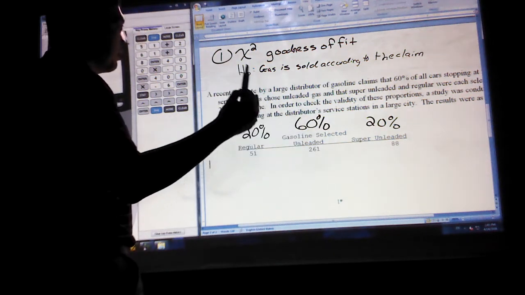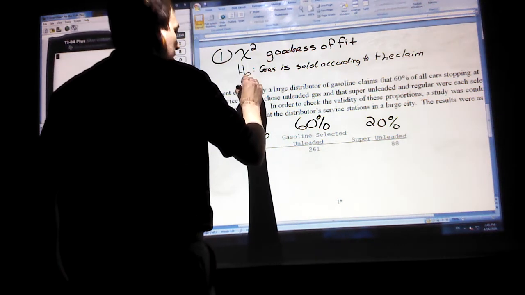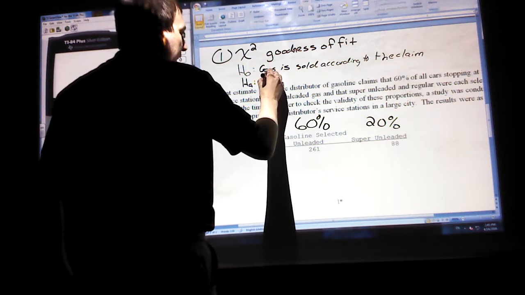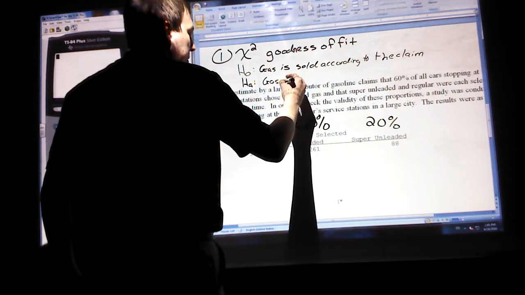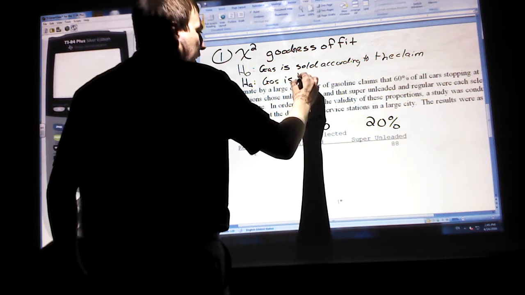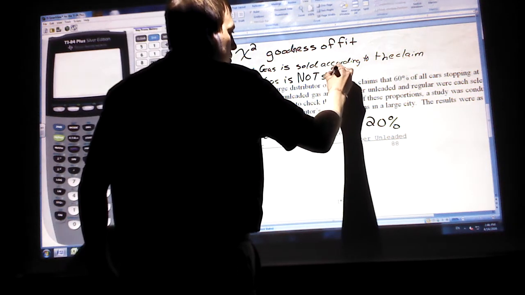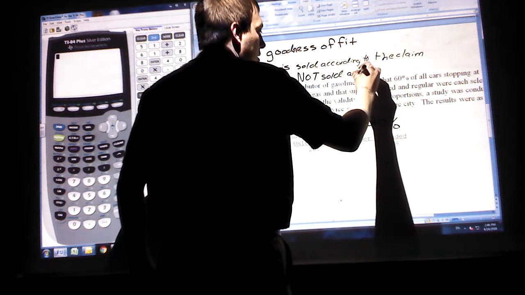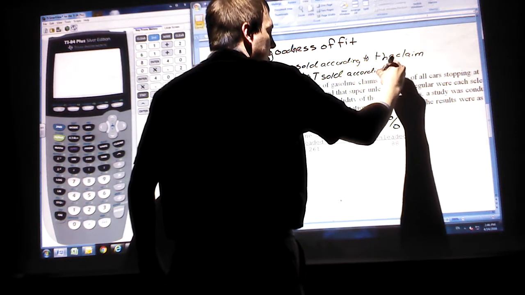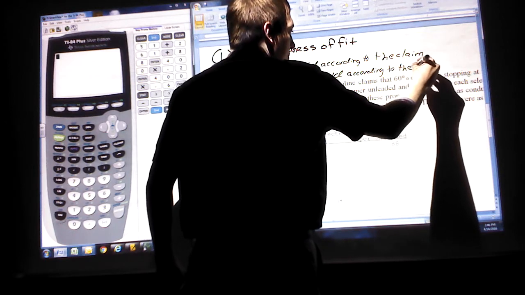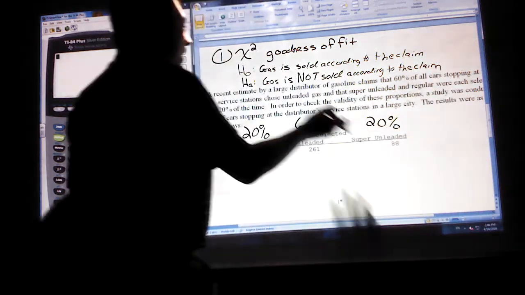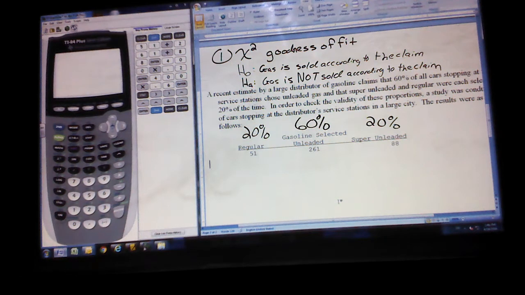So the alternative would be the gas company's claim is not true, so gas is not sold according to the claim. There's a couple ways of writing it. So this one is also, you just throw a not in there. The gas is sold according to the claim, or the gas is not sold according to the claim. The claim is true, or the claim is not true.